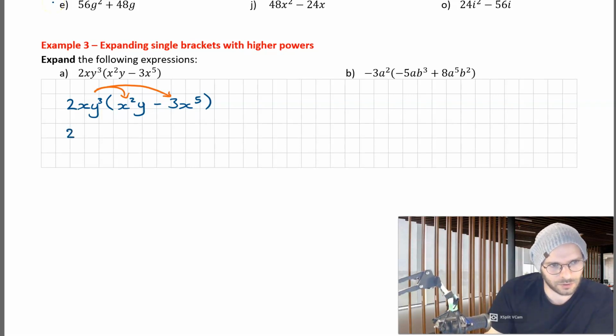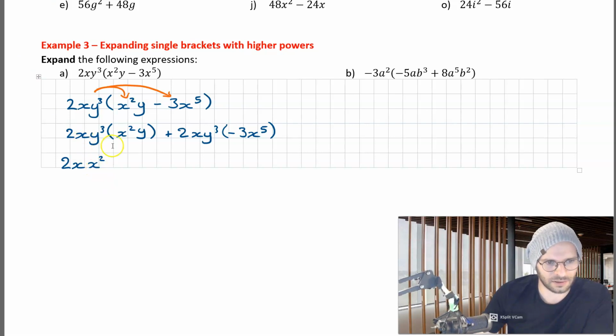So this is going to go 2x y cubed in brackets x squared y, and then plus 2x y cubed multiplied by the -3x 5. Finishing this off, I'm going to go 2x. Now I'll arrange these in order just for now.